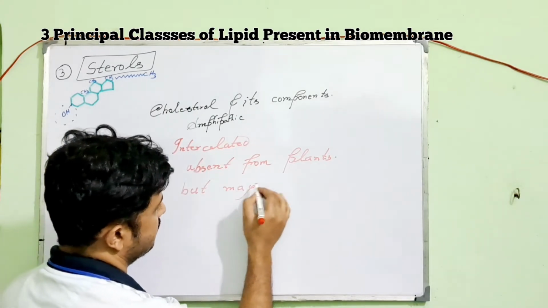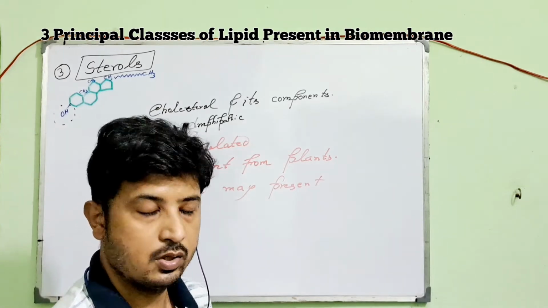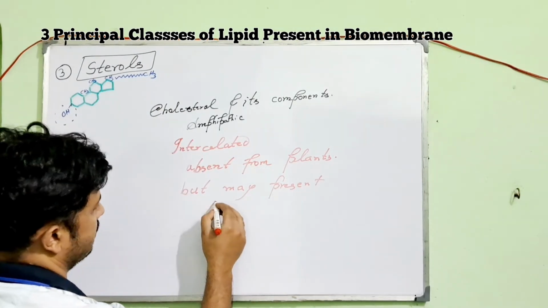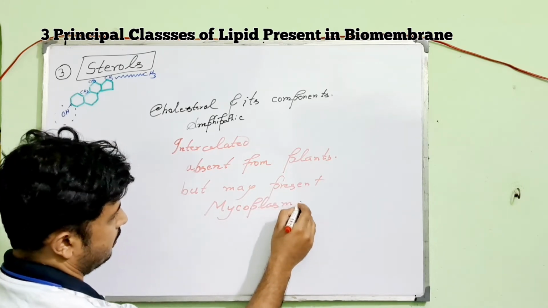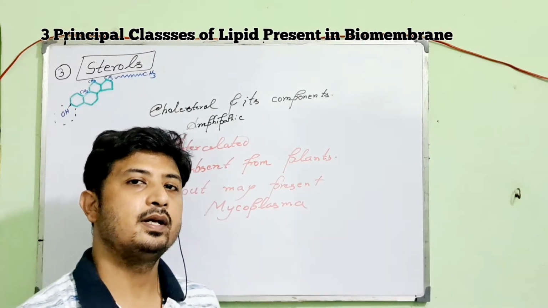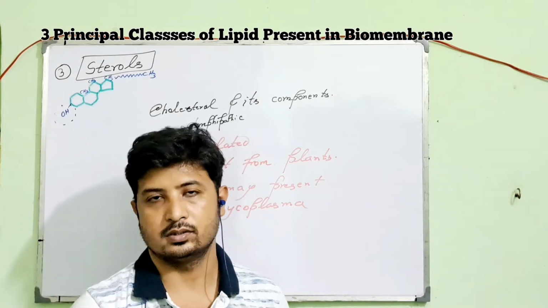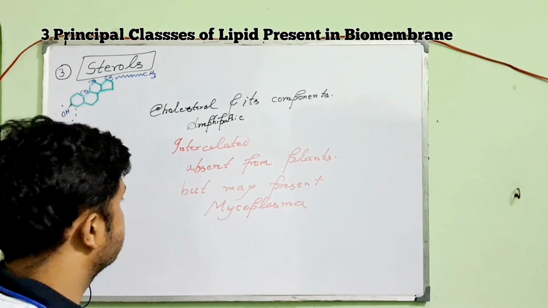It may be present in some prokaryotes. What type of prokaryotes? I will tell you the name. Mycoplasma. Yes, mycoplasma is a prokaryote where the membrane contains sterols. This is an exception. Remember that for your MCQ questions.